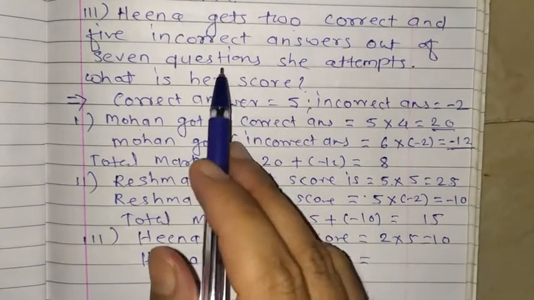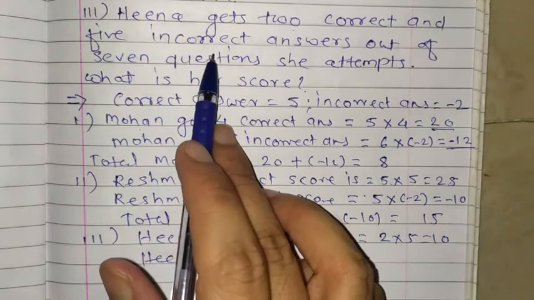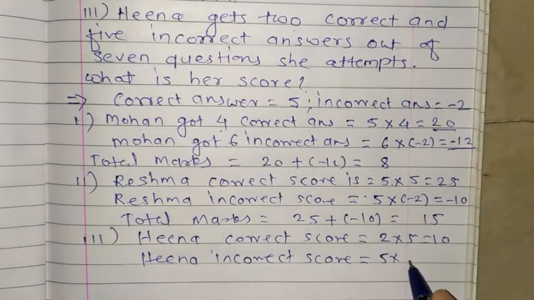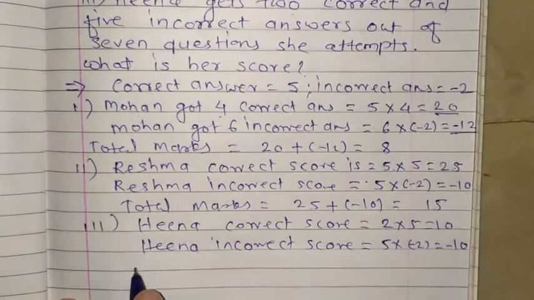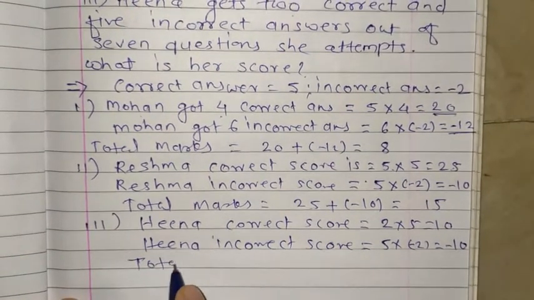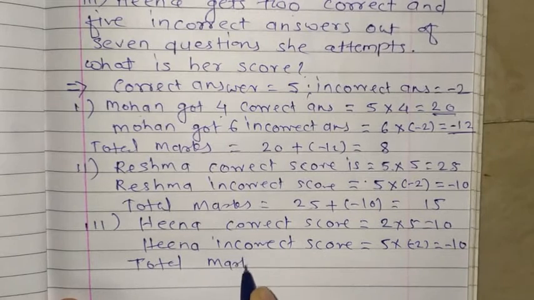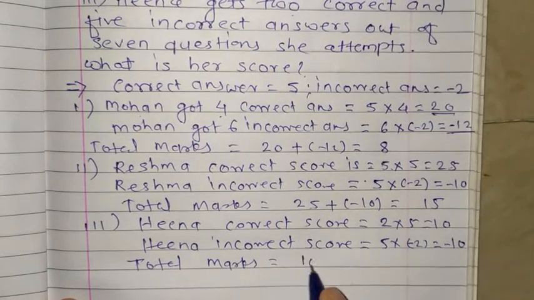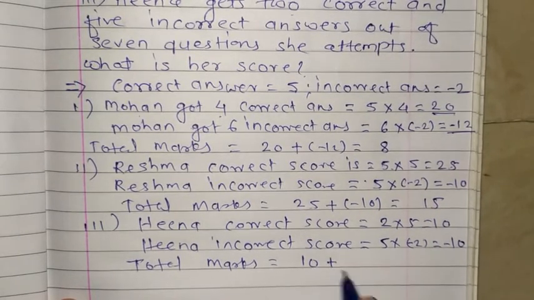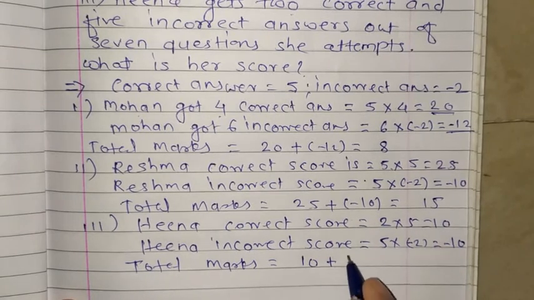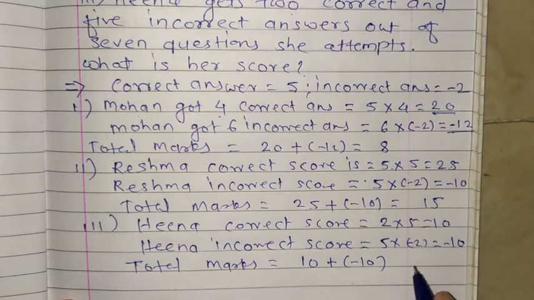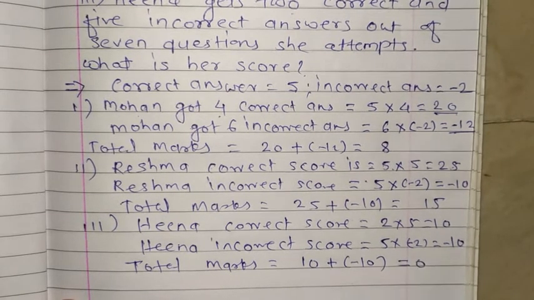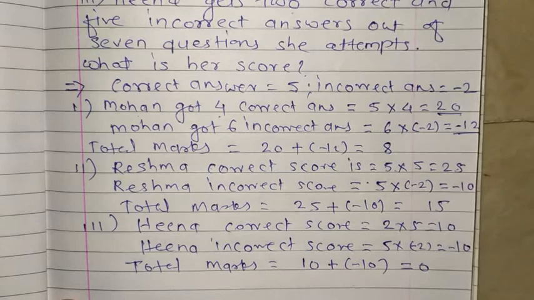How much did she get incorrect? 5 incorrect. So 5 into -2 is nothing but -10. So you can write here total marks or total score. First value is 10 plus, we are doing total, so it is plus. Incorrect answer is -10. So 10 minus 10 is 0. So total score is 0.